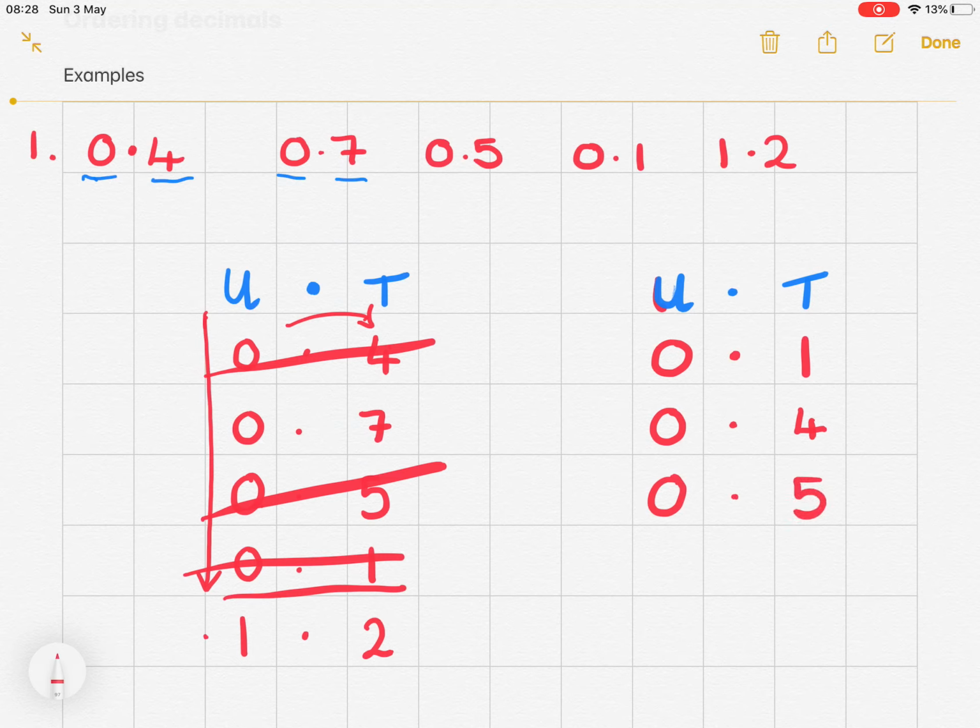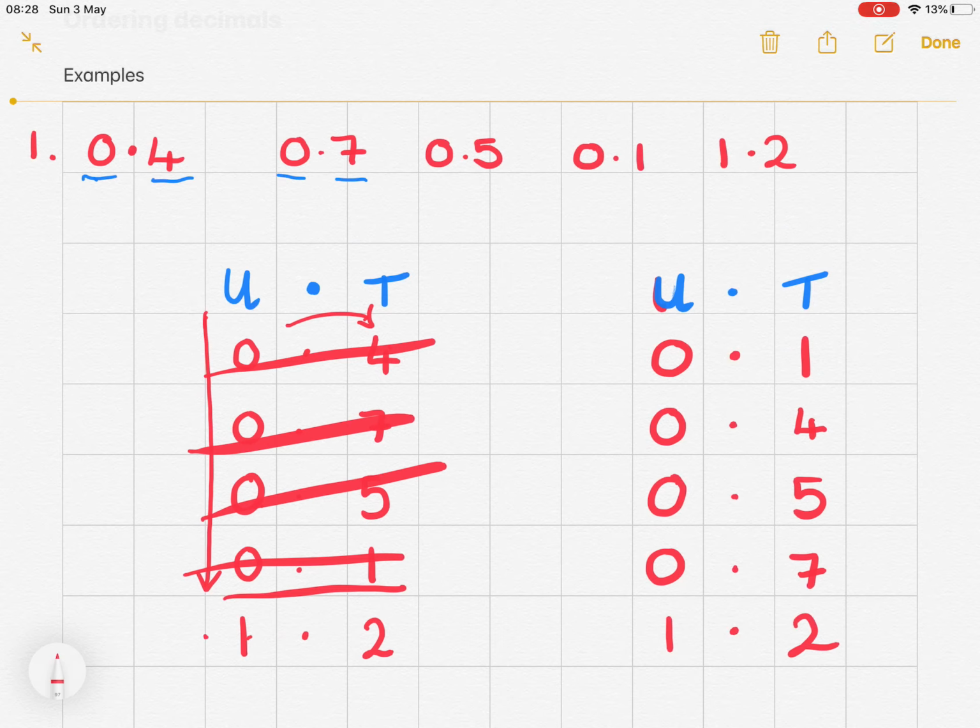And then it's either 0 or 1. Well, 0 is smaller, so 0.7 must be next, meaning that 1.2 is my biggest number. 0.1, 0.4, 0.5, 0.7, 1.2.